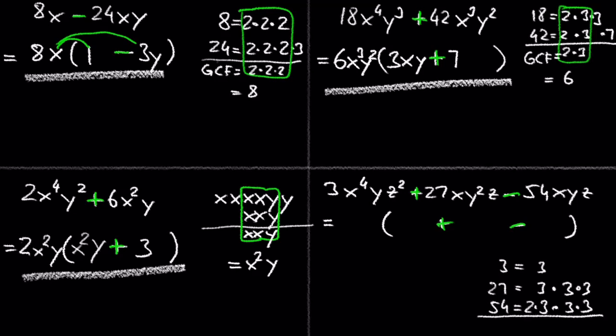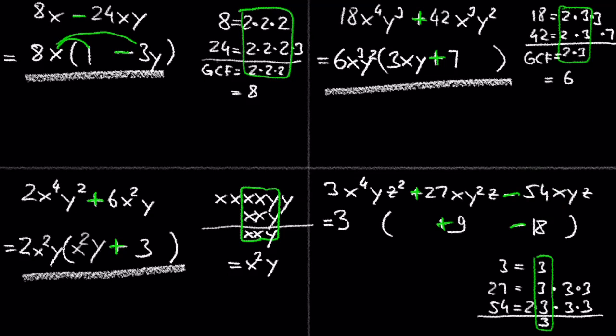So the greatest common factor of these three numbers is 3. 3 times 1 is 3. 3 times 9 is 27. And 3 times 18 is 54.